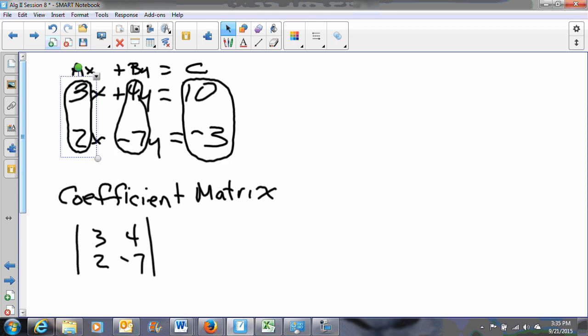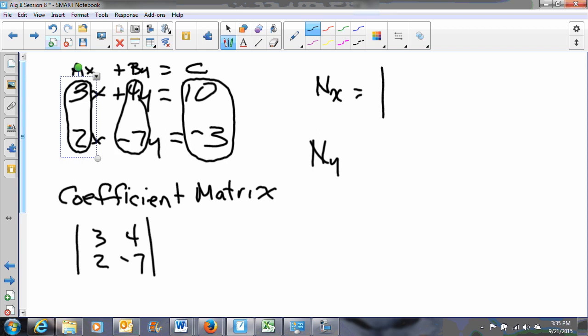Now, we are then going to define 2 other matrices, and one is going to be n sub x, and the other is going to be n sub y. Now, n sub x is going to be the coefficient matrix with the x column replaced with the constants. In other words, it's going to be 10, negative 3, 4, negative 7.